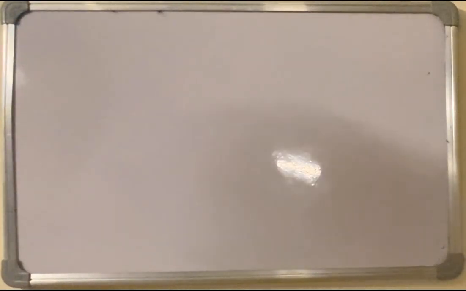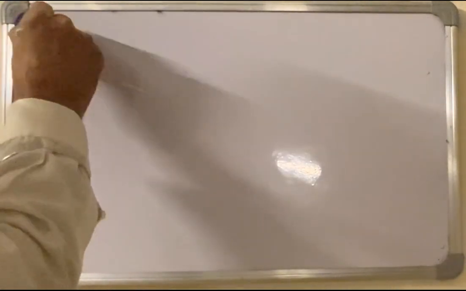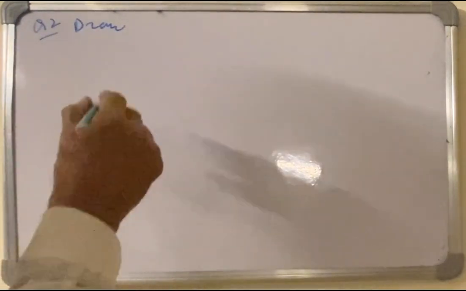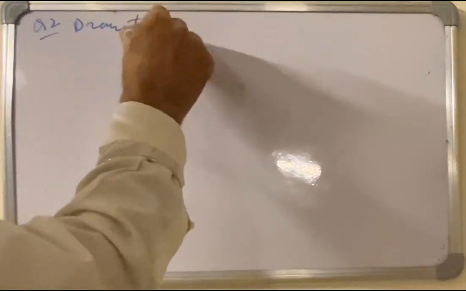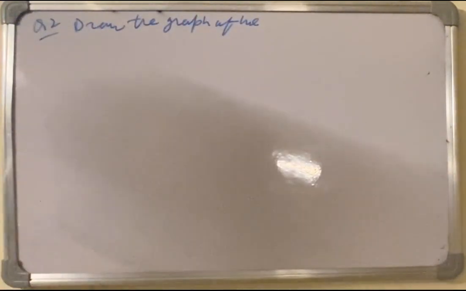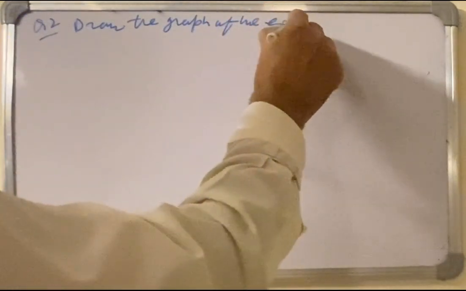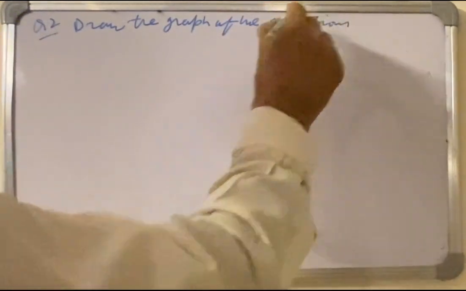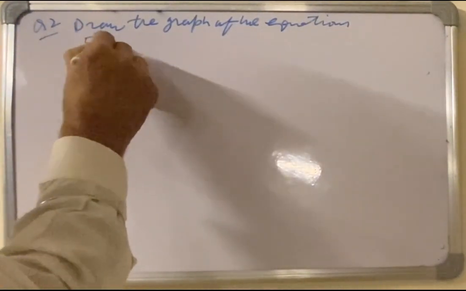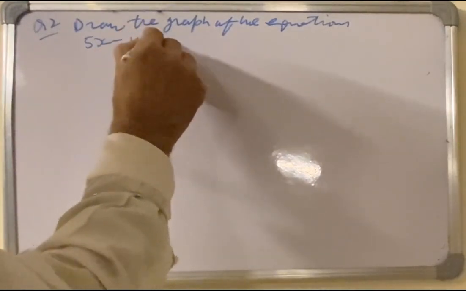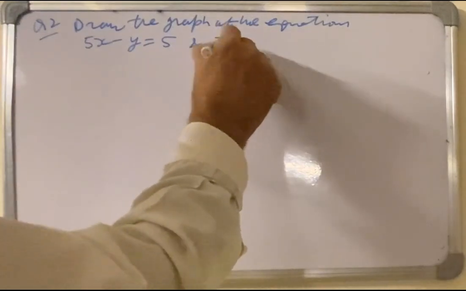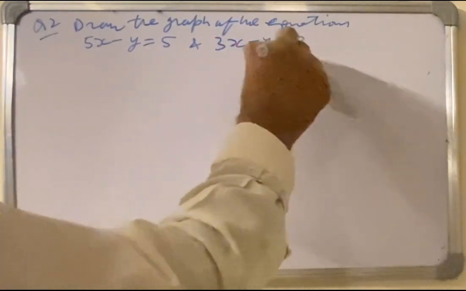Second question: draw the graph of the equations 5x minus y is equal to 5 and 3x minus y is equal to 3.